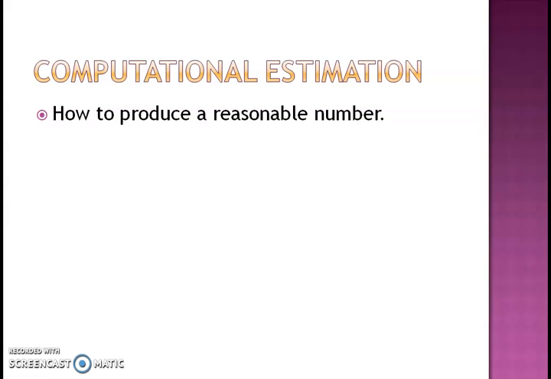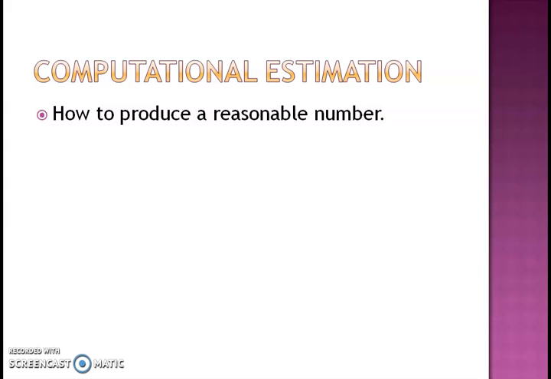Well, why is it important? It's important because this can be used in our daily lives, like estimating the measurements of a living room to fit furniture, or estimating the quantity of something like a pack of gum.